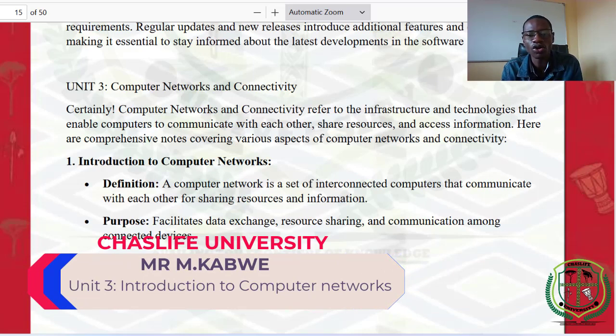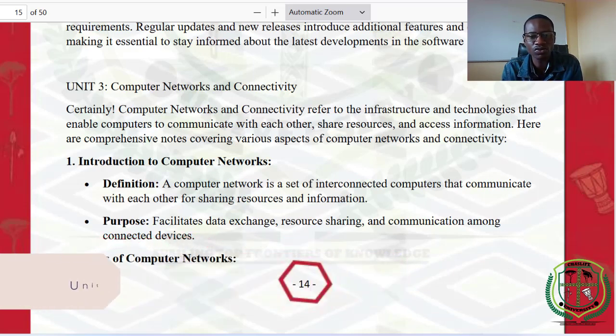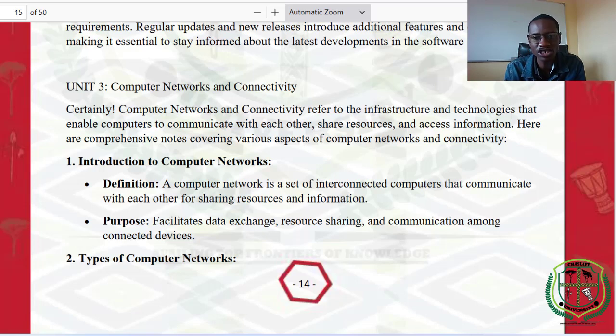Okay, so when we talk about computer networks, we are talking about the build-up or technologies that make it possible for computers to communicate with each other and share resources and access information.